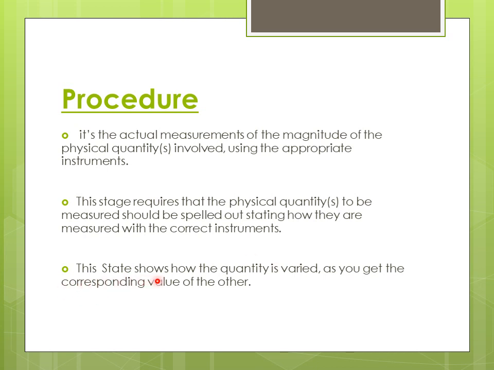Lastly, this stage shows how the quantity is varied as you get the corresponding value of the other. You show how the quantities are varying. It is in the procedure that you indicate, for example, with Ohm's law, when you vary the current, what happens. The PD also varies or it remains the same.